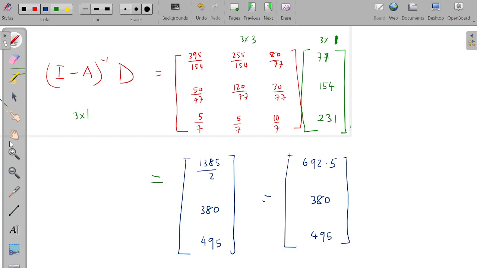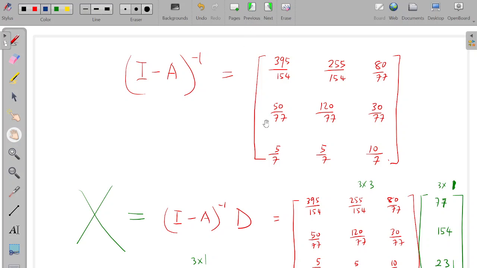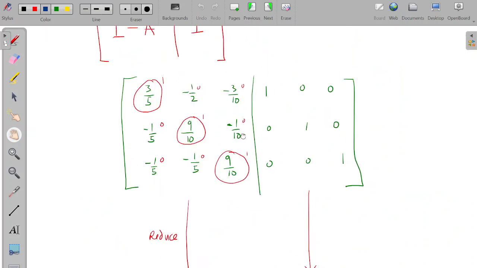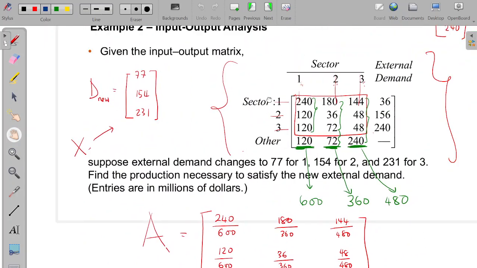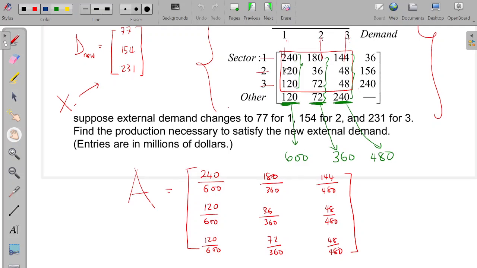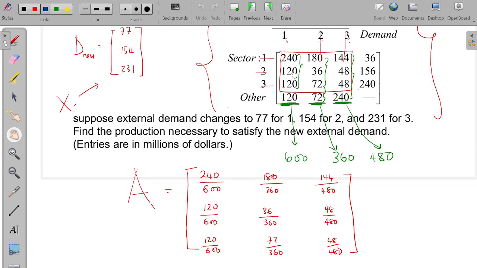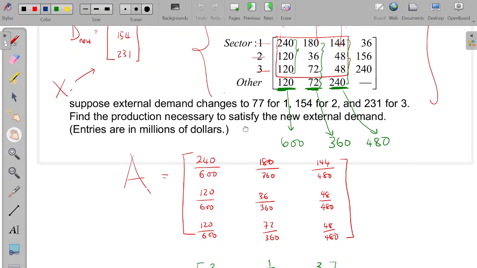Please take note, when you are given a question like this, the first thing you need to do is to bring out your Leontief matrix. The Leontief matrix is gotten by dividing each entry by the total of its column.